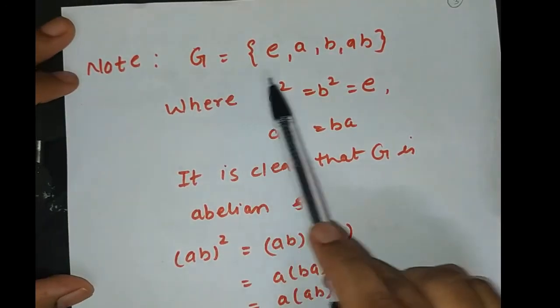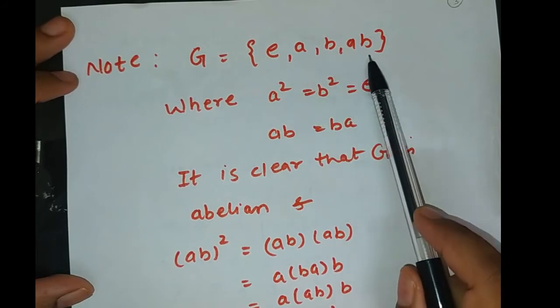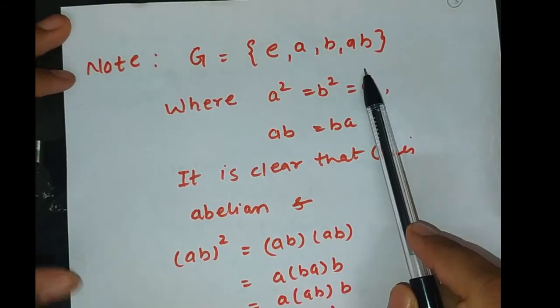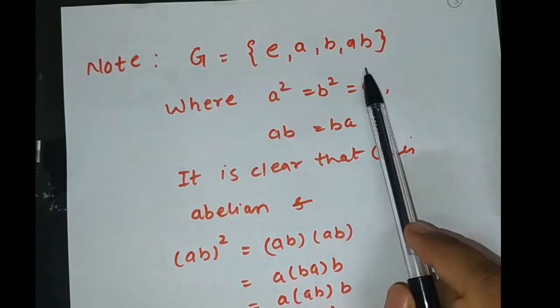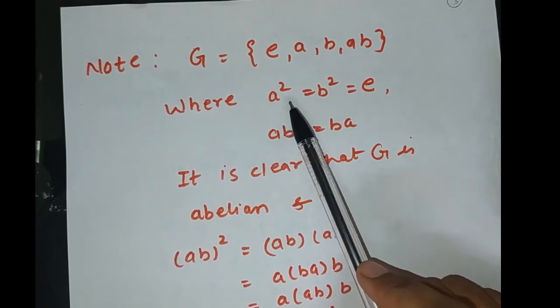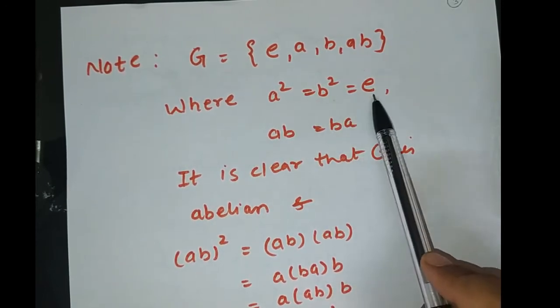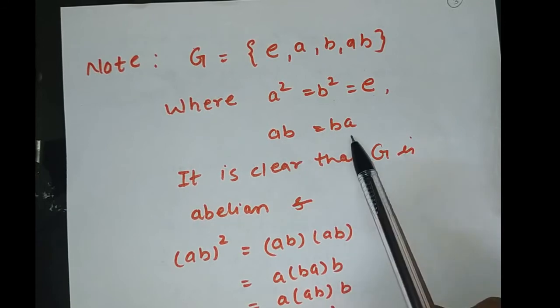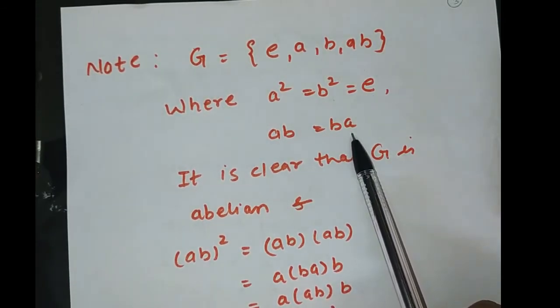If G has the elements E, A, B and AB, which we have just proved for H, and if the condition is that A squared and B squared are the identity and AB is equal to BA, this is the information related to the question, where we proved H to be a subgroup.